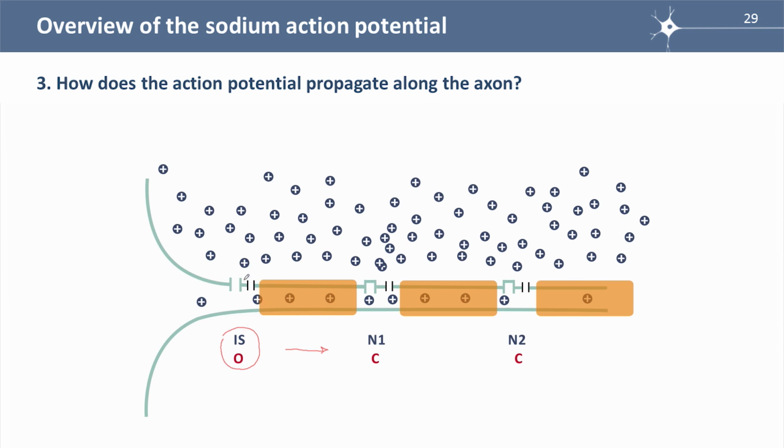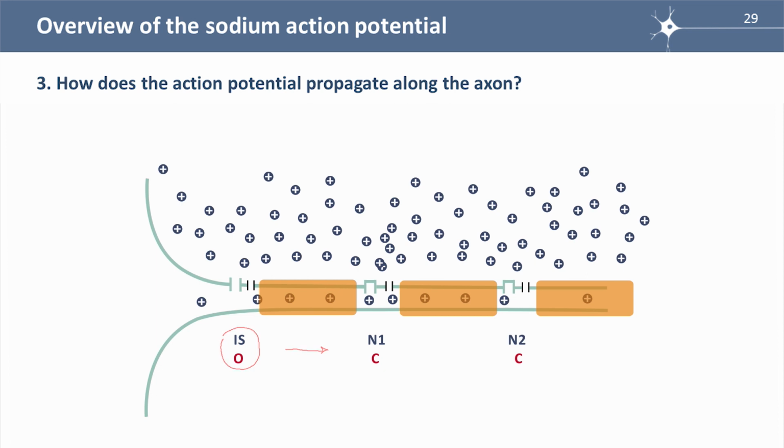You see that the sodium channels are open, so sodium ions are going to cross the membrane and go in. These incoming positive charges will then open the sodium channels at the first node of Ranvier.